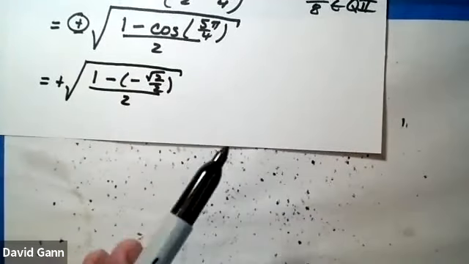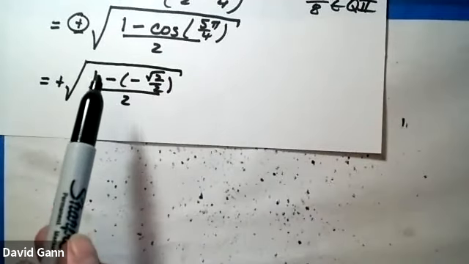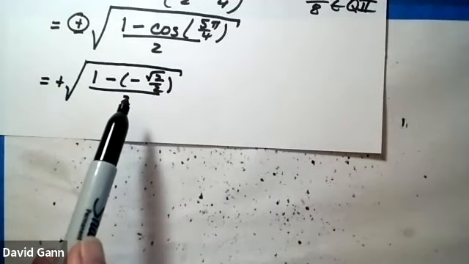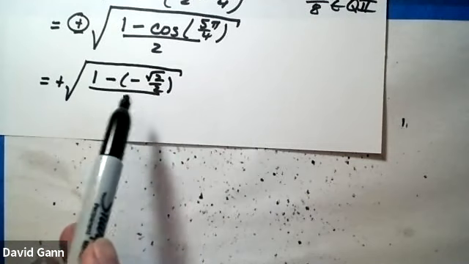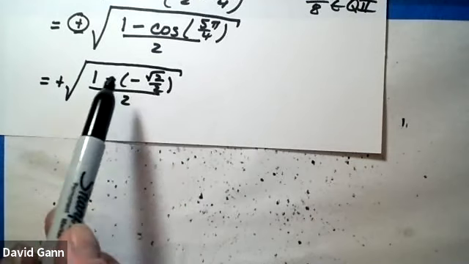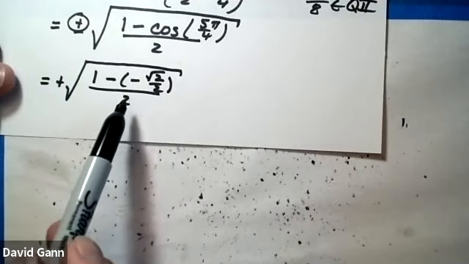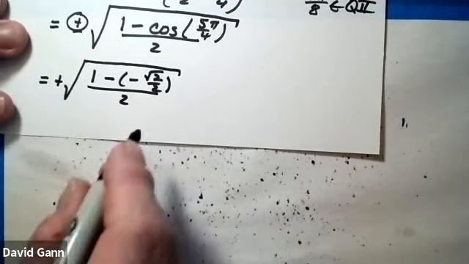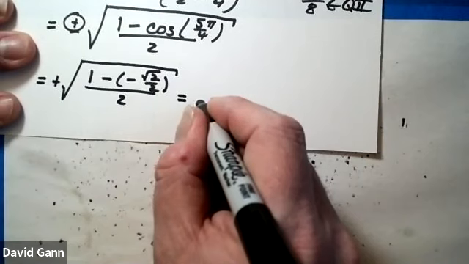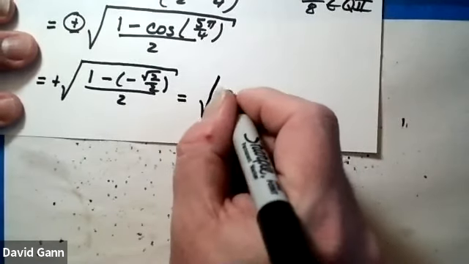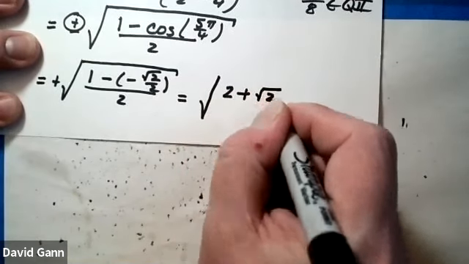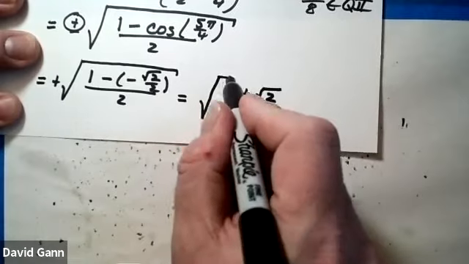And so this is kind of an ugly expression because it fails all kinds of rules of simplification, and it is also a complex fraction. So the first thing we're going to do is fix this minus, distribute this negative sign, and then multiply everything by 2, which is going to give us the square root of 2 plus square root of 2 all over 4.